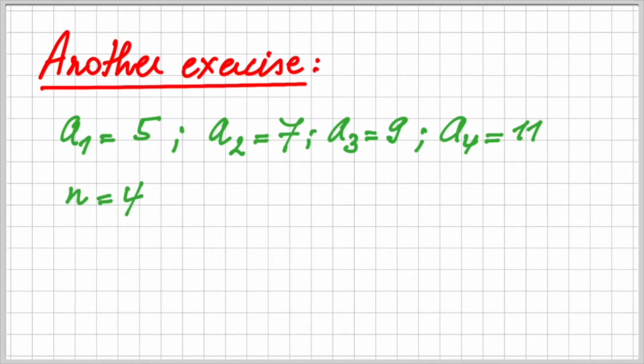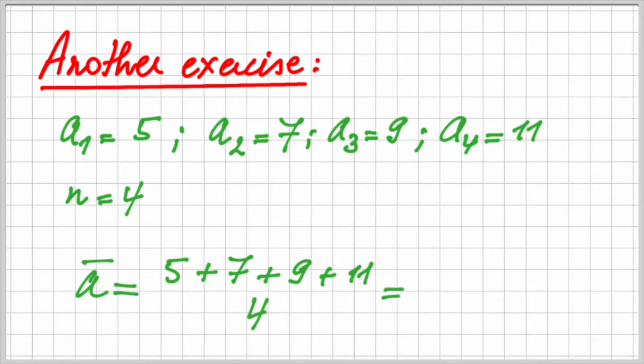There are 4 numbers, so we add 5, 7, 9, and 11, and we divide by 4. So we have 32 divided by 4, which gives us an average equal to 8.